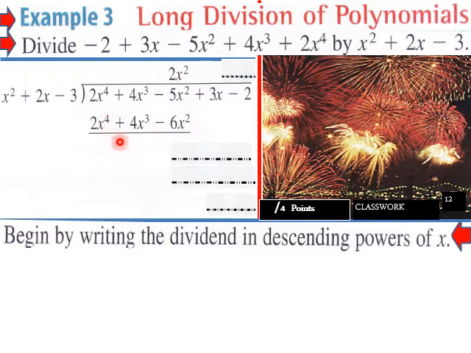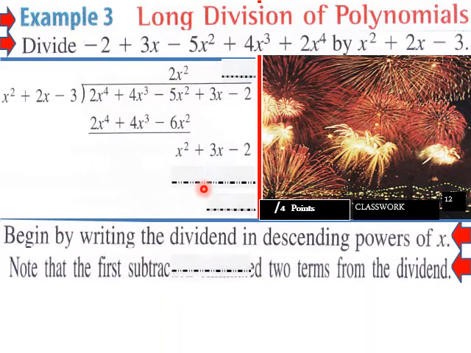And we get 2x to the fourth plus 4x cubed minus 6x squared. Change signs and add. These cancel, and then here we'd have a positive x squared, drop this down, plus 3x minus 2.